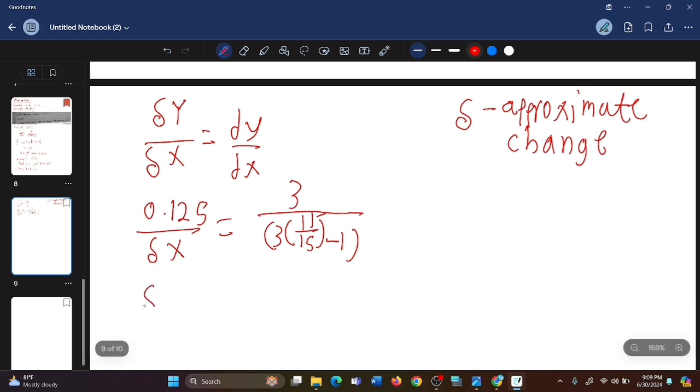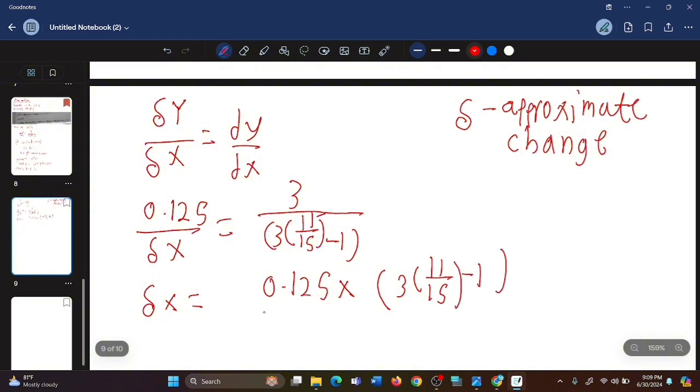It becomes 0.125 multiplied by (3 times 11 by 15 minus 1), in a bracket. Now we divide the entire thing by 3. If we put this into the calculator, we find the approximate change in x. Let's see what it is.